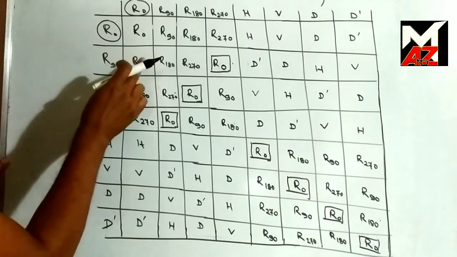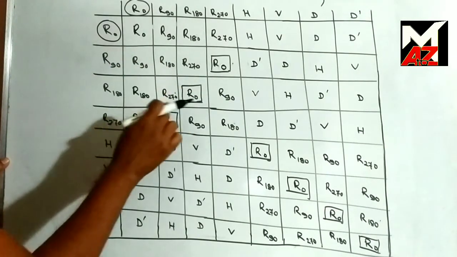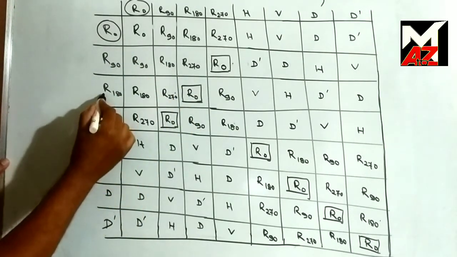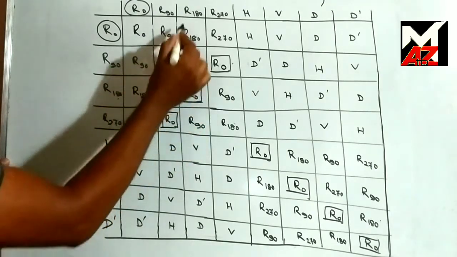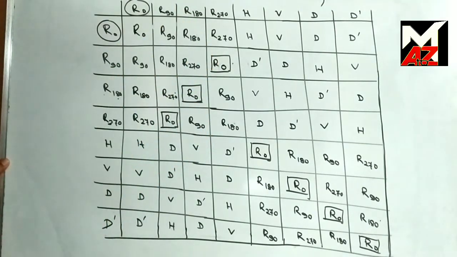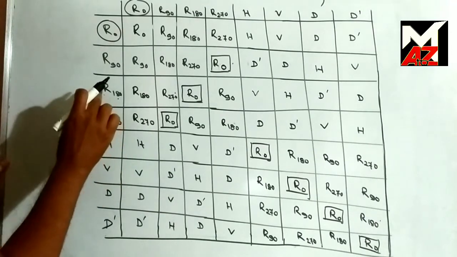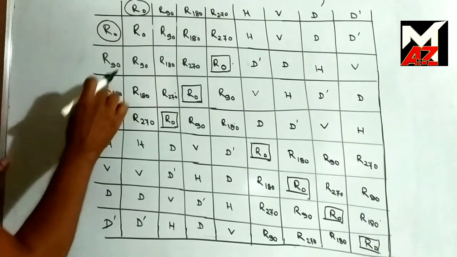R180 and R180 gives R0, so the inverse of R180 is R180.